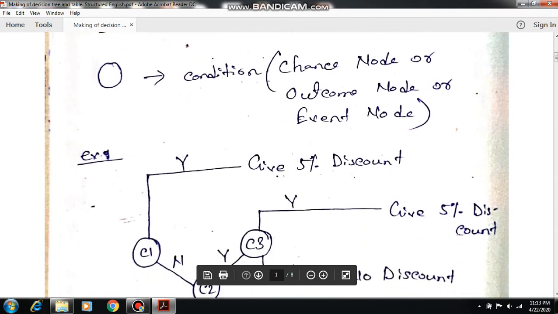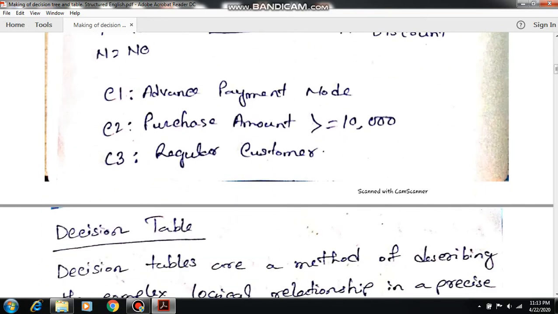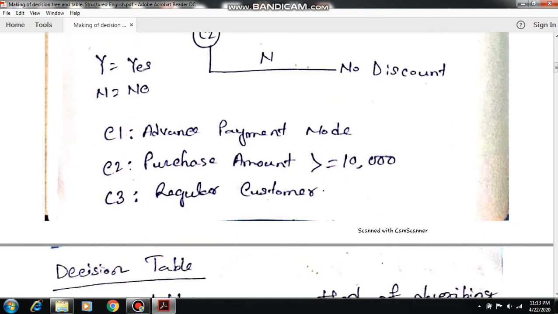Now we are taking an example. Here we have three conditions. Condition 1 is advance payment mode, where a customer makes an advance payment.